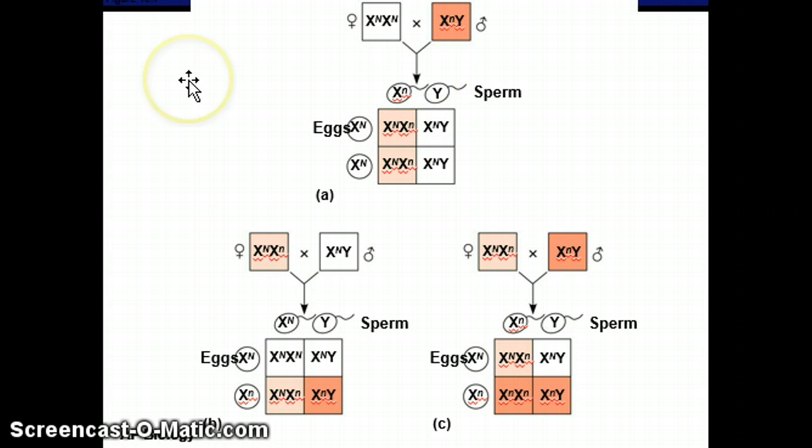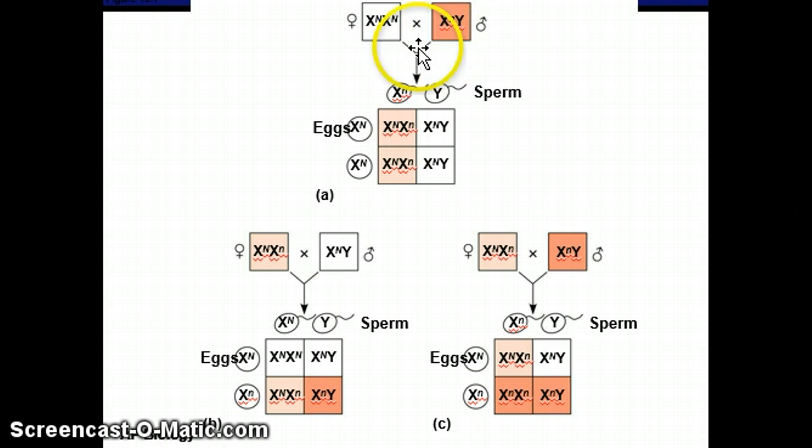So what I mean by that, I wish that this was an arrow that I was using to point with instead of a cross. But what you can see here are those two X's have the capital N's, and so they are showing a dominant trait. But here the X that's associated with the male is showing the recessive trait.